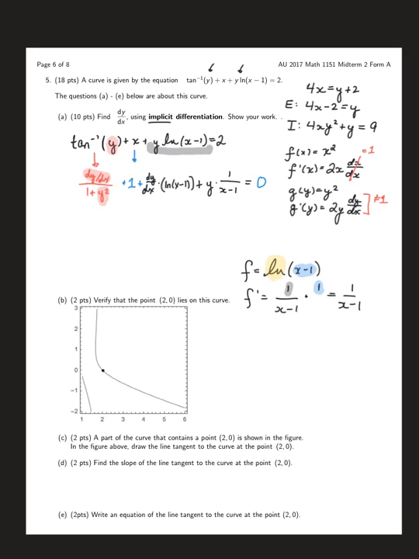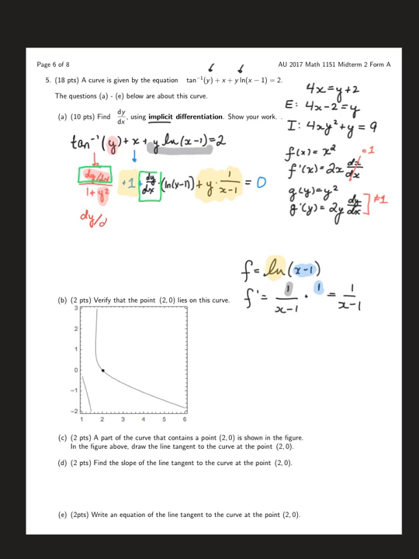Now, this here actually does not simplify too nicely. So what I'm going to do now is a few things, but I'm going to skip through some steps because it's just algebra. I'm going to move this term and this term over to the other side of the equation. The reason I'm doing that is because the objective here is to isolate dy dx. So I'm going to start by moving everything away that has nothing to do with those two terms.